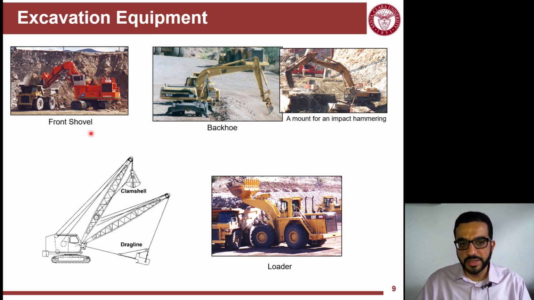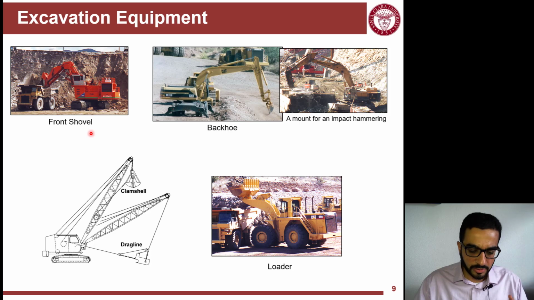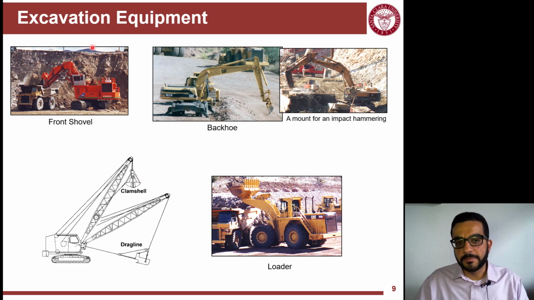You'll see a lot of mining equipment shared with construction, like trucks, excavators, and dozers. A lot of concepts in construction are also shared with the mining industry. The front shovel is huge equipment, but not that common in construction unless it's a big, big project.